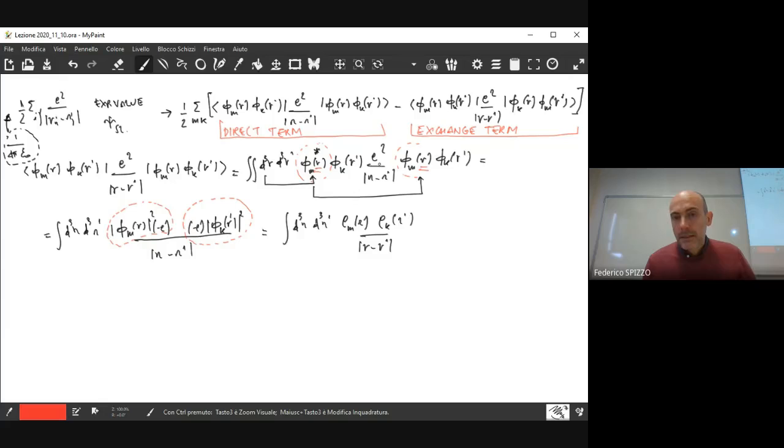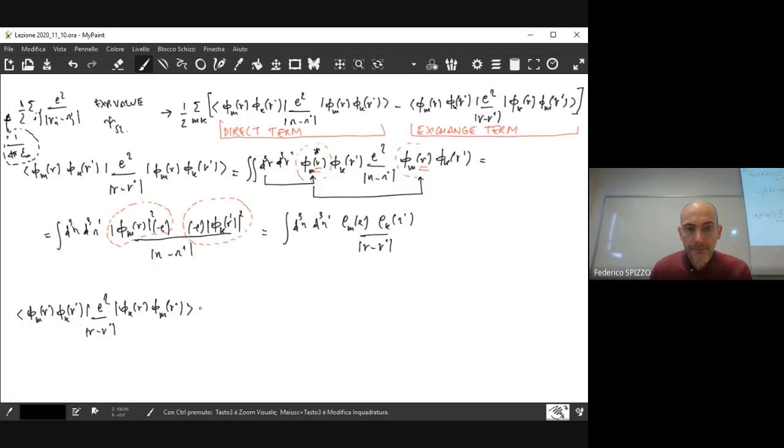I made this comment concerning the spin status because the spin status is important when we discuss the exchange term, because if we now write down the expression for this exchange term, we have phi m of r, phi k of r prime, then we have e squared divided by |r minus r prime|, and then we have phi k of r times phi m of r prime.